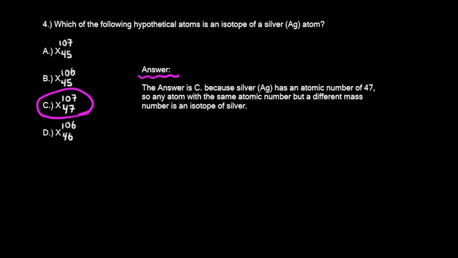All atoms of silver, including its isotopes, have an atomic number of 47. Isotopes of silver have different mass numbers, but their atomic number, which is the number of protons, is always the same. The only option that matches our explanation is answer choice C. So answer choice C is the correct answer.